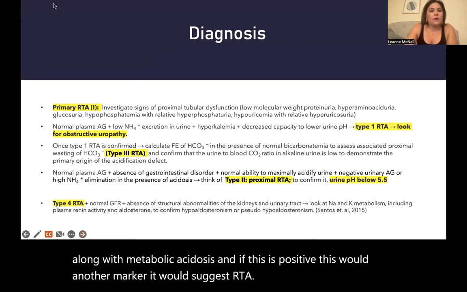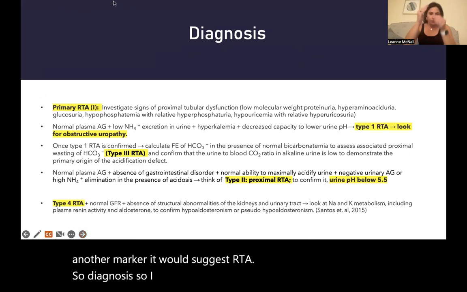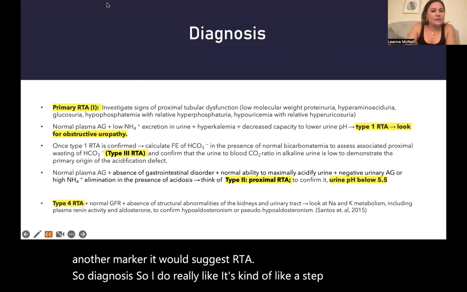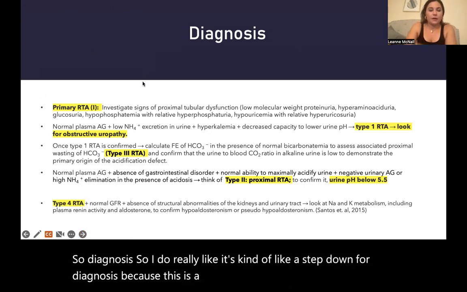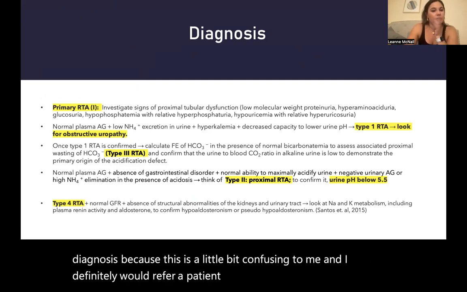So diagnosis. I really like it as a step down for diagnosis because this is a little bit confusing to me. And I definitely would refer a patient to pediatric nephrology if any of this came up abnormal.